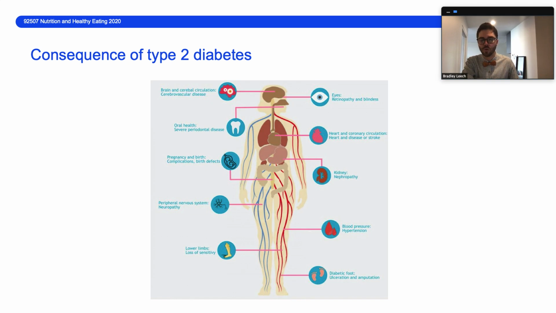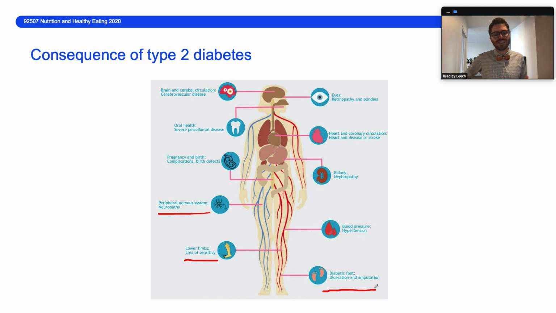So what is the consequence of type 2 diabetes? There's quite a lot. It can affect our lower limbs. We can have peripheral neuropathy, that is a loss of sensation within our lower limbs due to damage to the nerves. We can have what we call a diabetic foot, and that is ulceration.